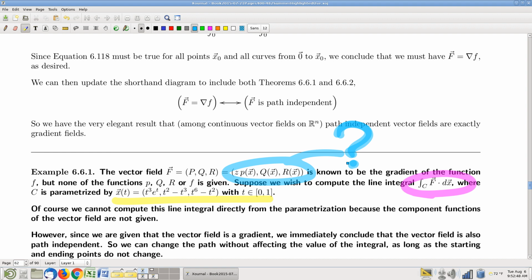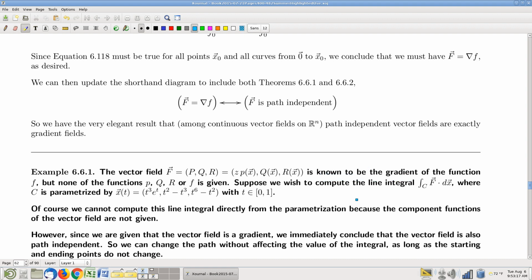So what's my foot in the door? Well, I'm going to capitalize on one other little piece of information. I'm going to assume that it's known to be a gradient. Now, I can't use that to find an antigradient, because I still don't know what the vector field actually is. But if I am allowed to assume simply that it is a gradient of something, then we're going to be able to solve this problem.